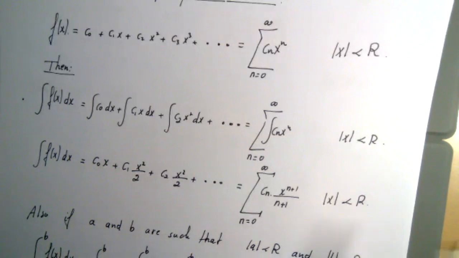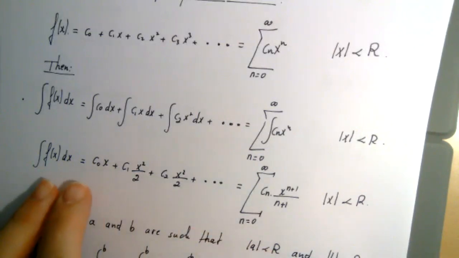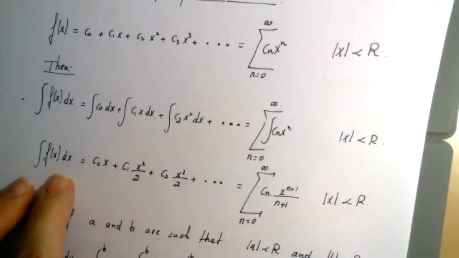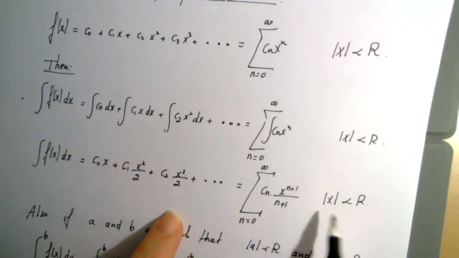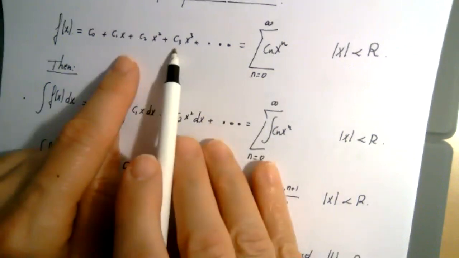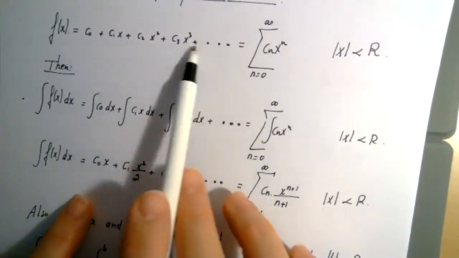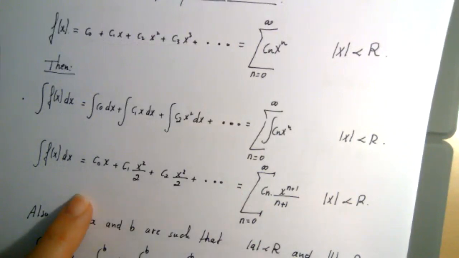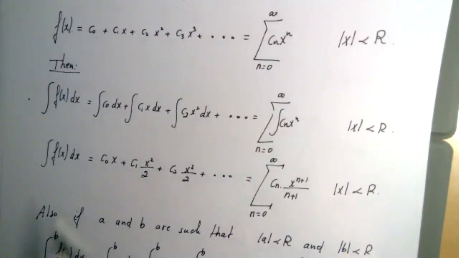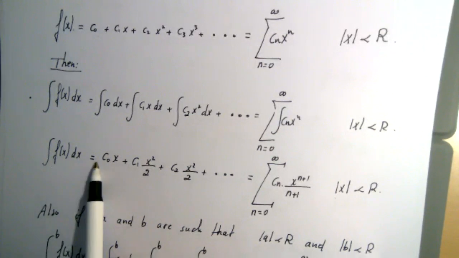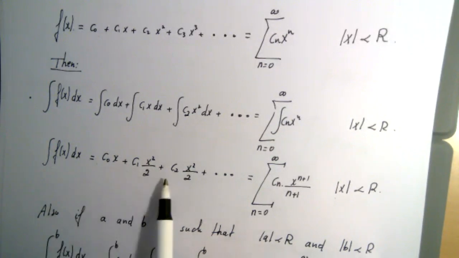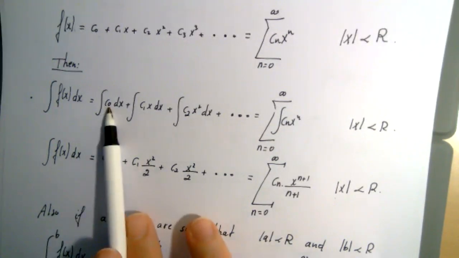And the theorem tells me that the power series of the antiderivative will have the same radius of convergence as the original one. It means if this one converges when absolute x less than r, the term-by-term antiderivative will also converge for the same values of x. So, the antiderivative of f of x dx, to find it, is the antiderivative of this plus that plus this, etc.